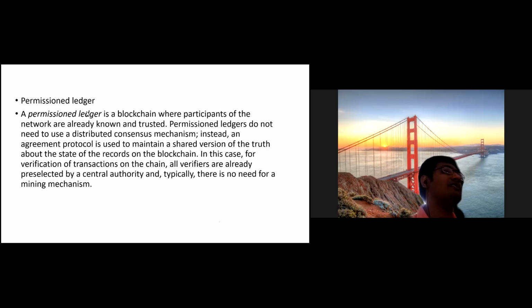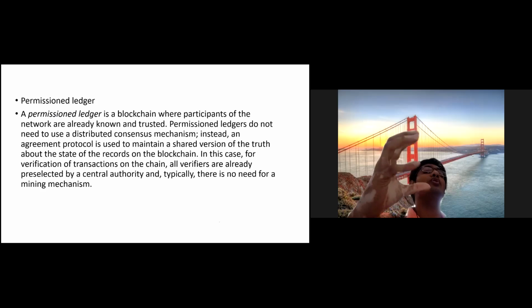But then there are permissioned ledgers. Permissions, basically, let's say you want to use it for your own group, and you want to give permissions to individuals and limit some permissions. So even using the blockchain architecture, you want to make a permissioned solution, then you are going to use the permission layer.